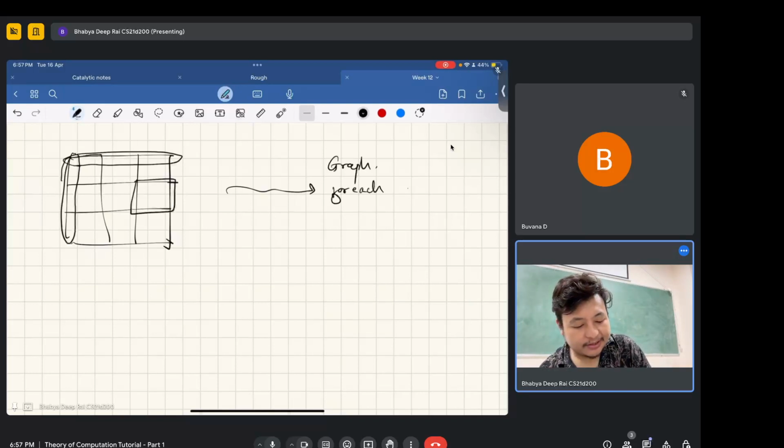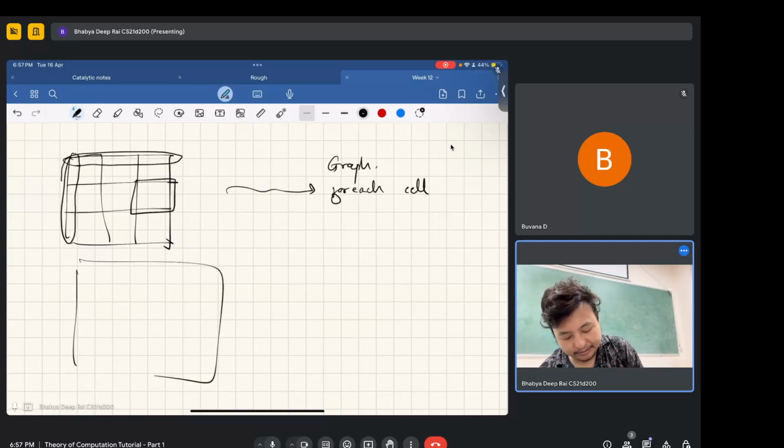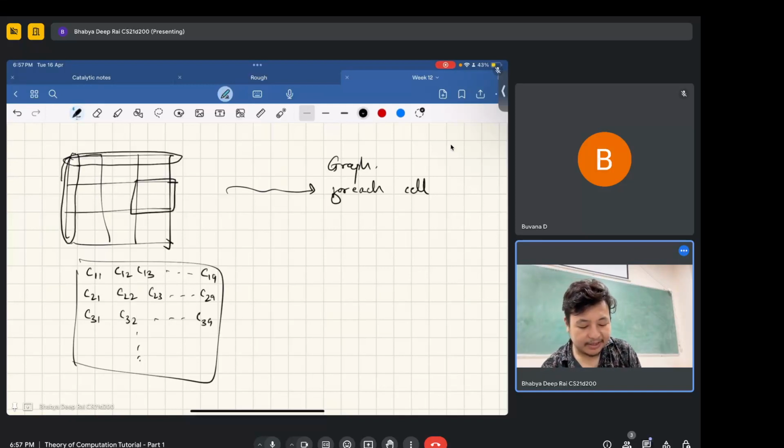For each cell, C11, C12, C13, and so on till C19, C21, C22, C23, C29, C31, C32, and so on till C39, and so on until C99. This is each cell. For each cell Cij, make a vertex Vij.